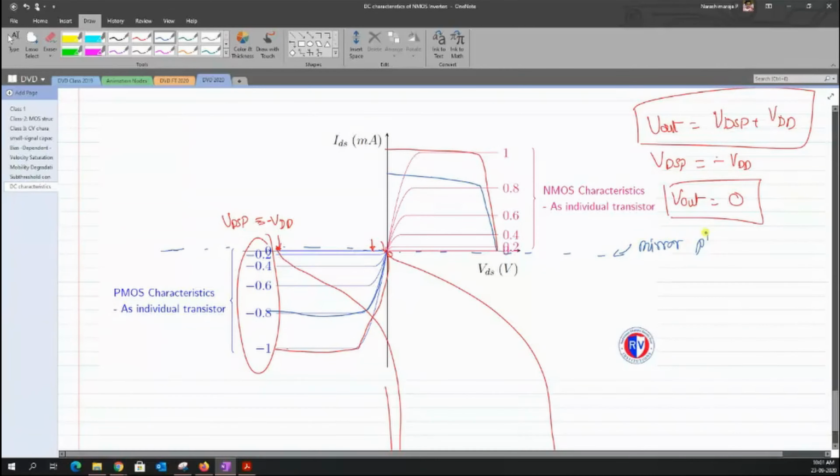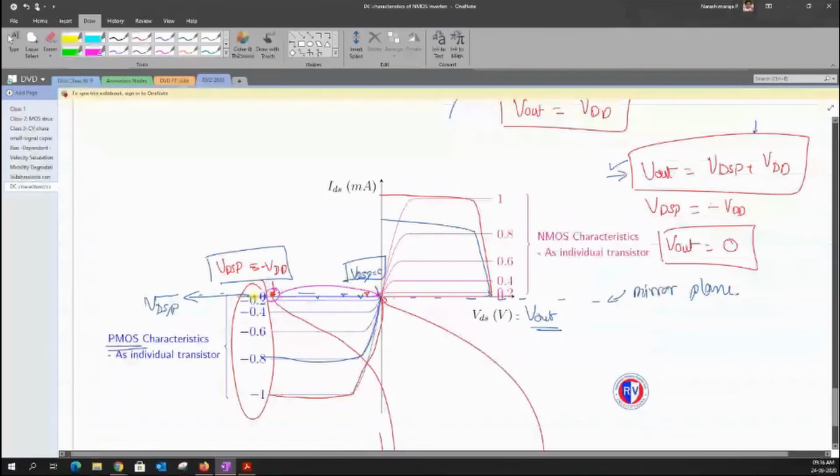So the entire axis that I have here has been shifted by an offset value of VDD. And again, we have currents in terms of negative values. These are the currents that are happening in the third quadrant, which means that we have negative VDSP as well as negative value of IDSP.